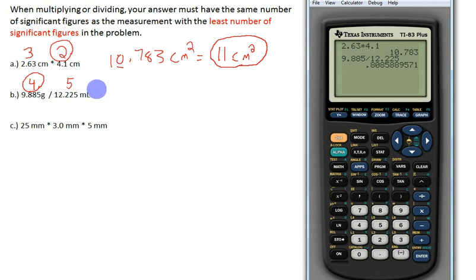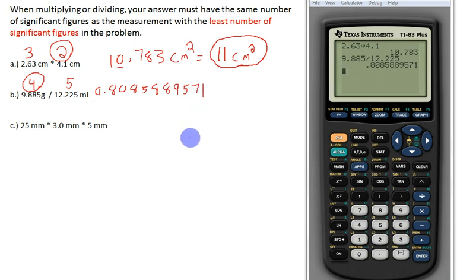Calculator returns this number of 0.80858895571. Okay, we only want 4 of these significant figures, so we've got to start counting, find that 4th significant figure. Well, it starts with the 8, so 1, 2, 3, 4.